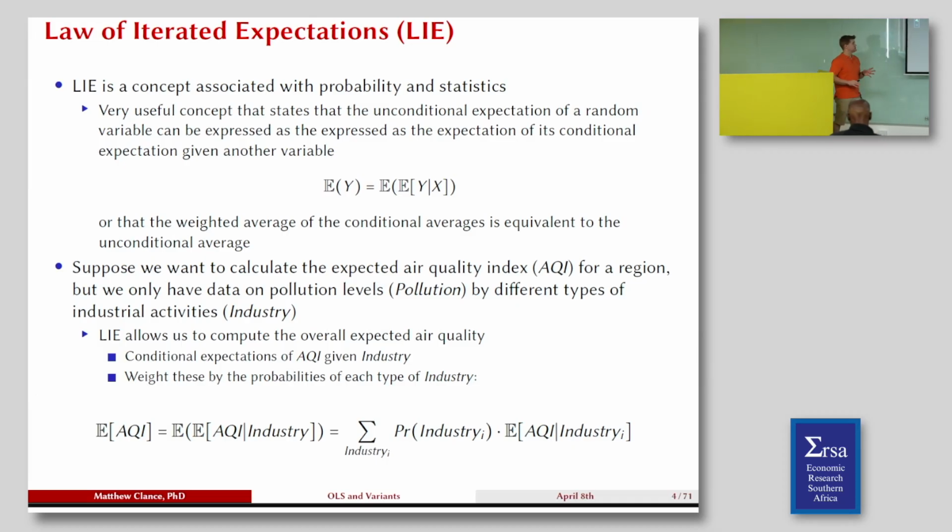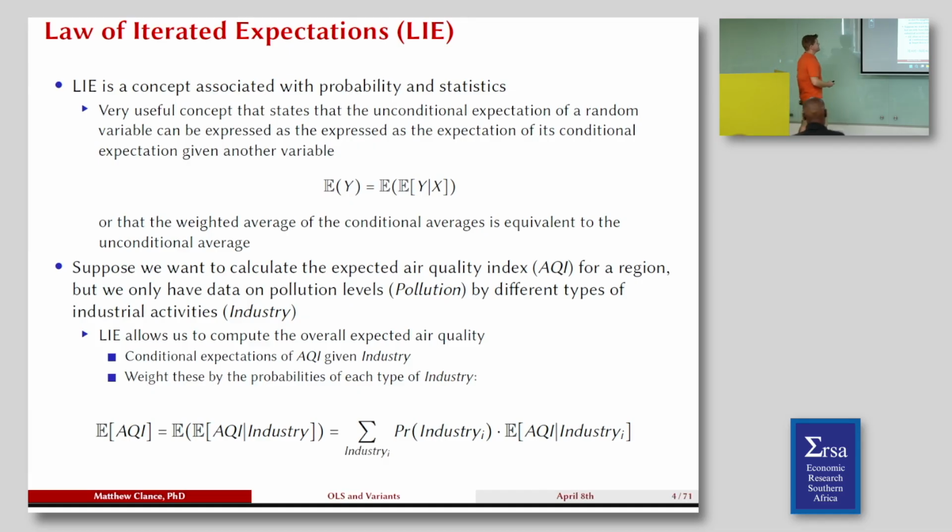So just starting out, a lot of times we just want to go back through some of what we're thinking about. So just thinking about the law of iterated expectation. Basically, we associate this with probability and statistics, and it's a very helpful concept for a lot of things we do.